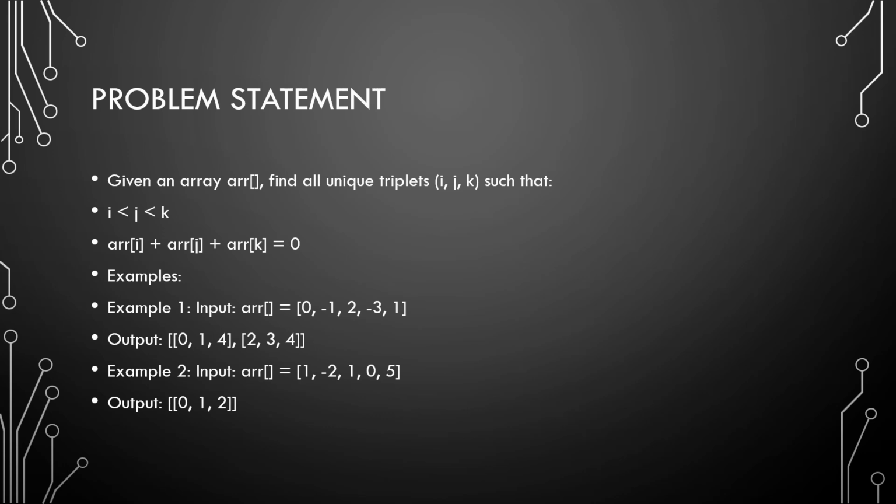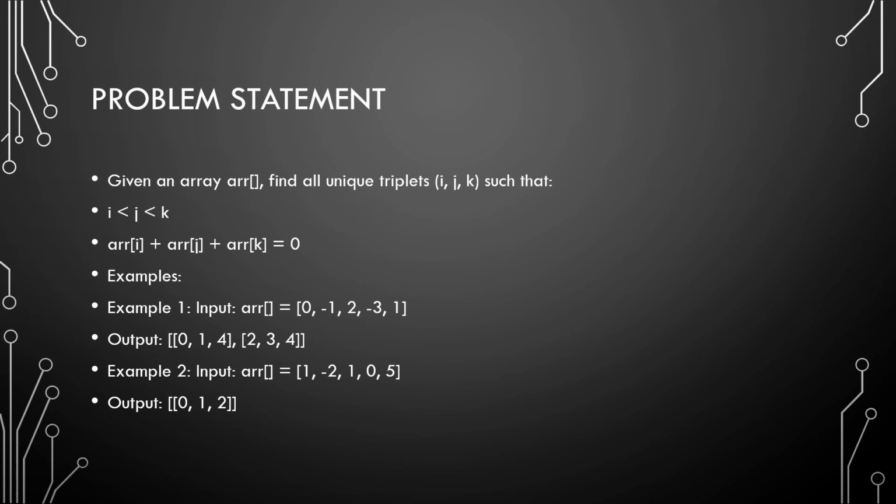We are given an array of integers and our task is to find all unique triplets, 3 indices i, j and k, such that the sum of the elements at those indices equals 0. The triplets must satisfy the condition j is greater than i and less than k, meaning the indices should be in increasing order.